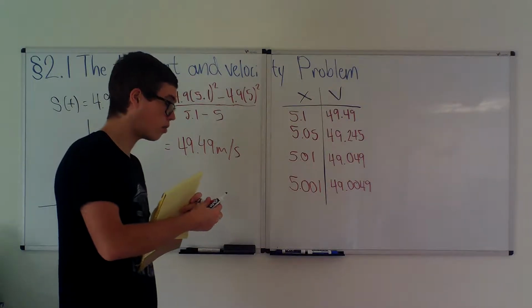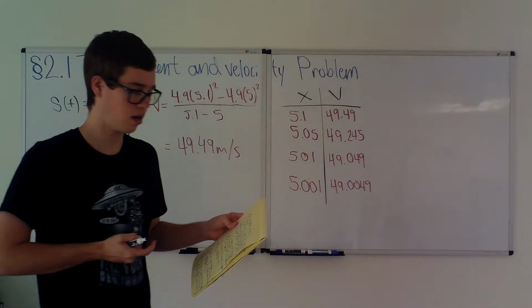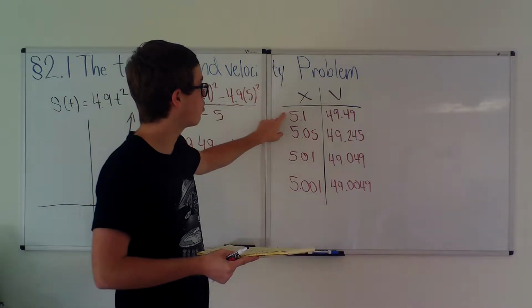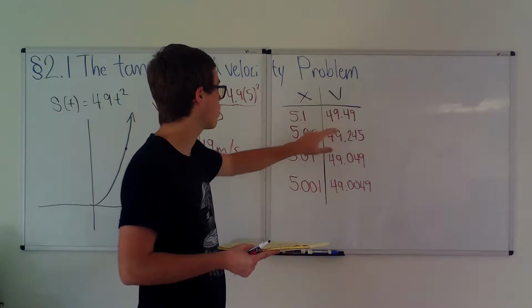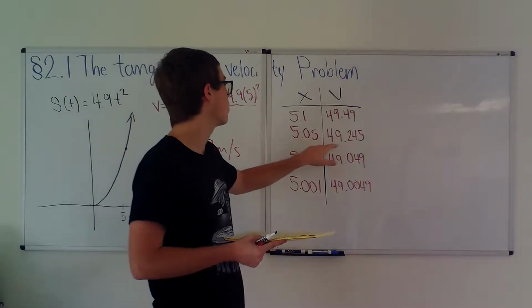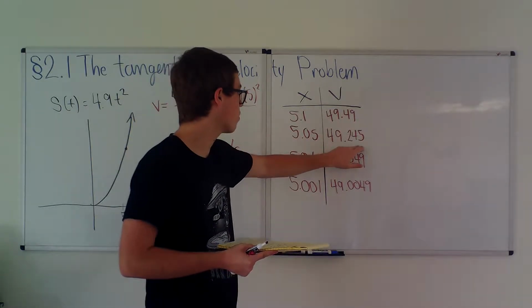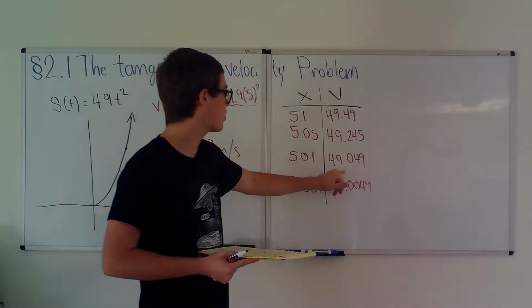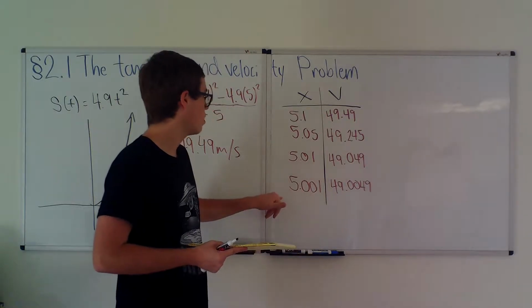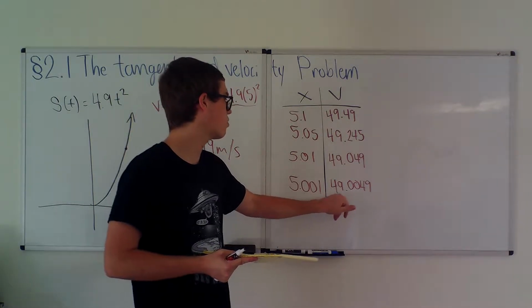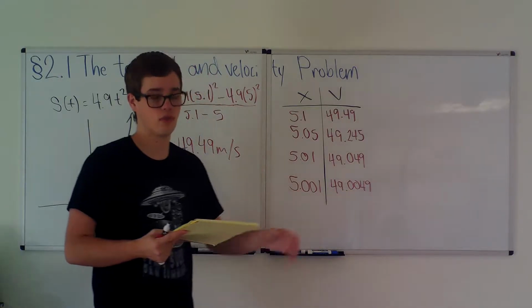So then what we can do is write out the table yet again, and we can see, okay, t equals 5.1, velocity equals 49.49; t equals 5.05, velocity equals 49.245; t equals 5.01, velocity equals 49.049; t equals 5.001, velocity equals 49.0049.